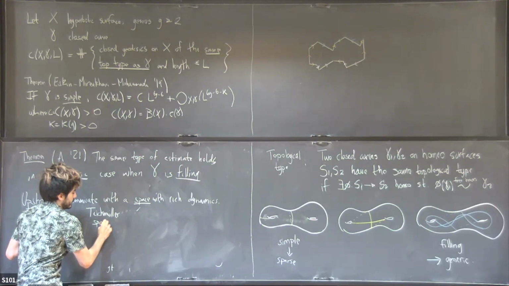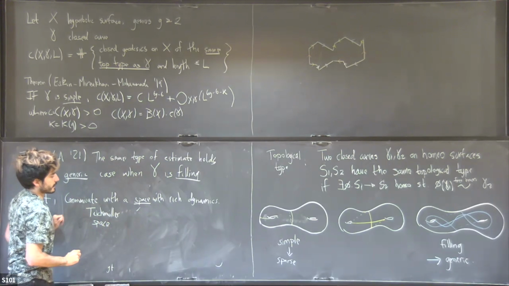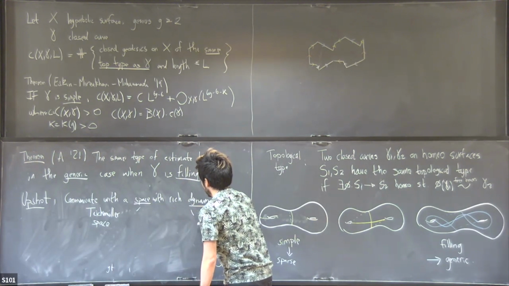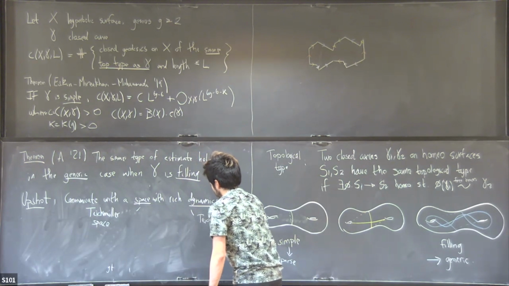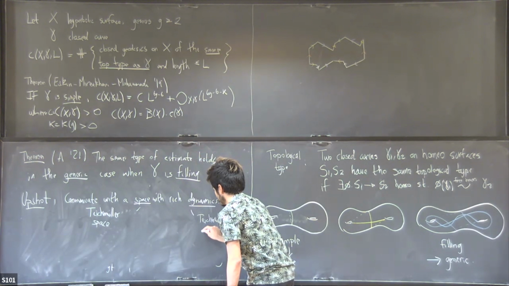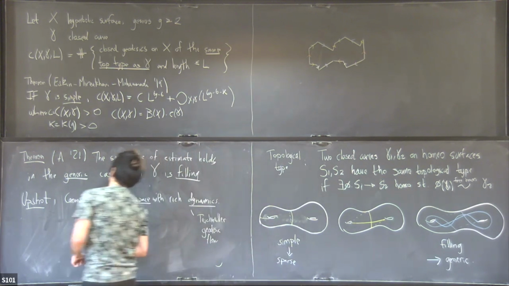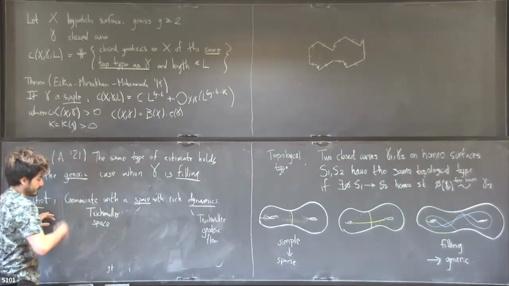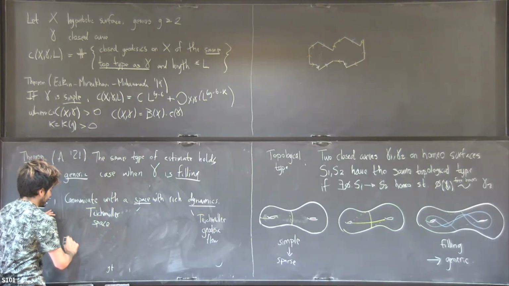So it's one of these character varieties that we care about, and the dynamics is going to be the dynamics of the Teichmüller geodesic flow, which I'm going to introduce later in the talk. That's the rough idea of what we want to do, and the framework, or how we want to do it, is by introducing a theory of effective mapping class group dynamics.